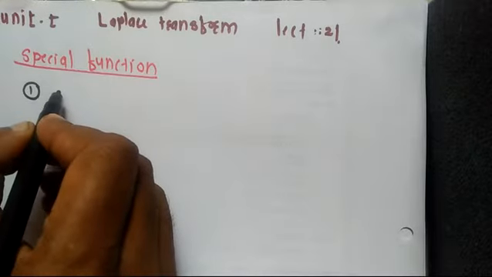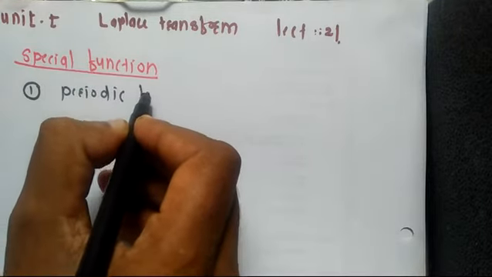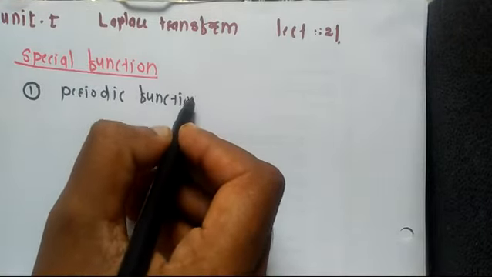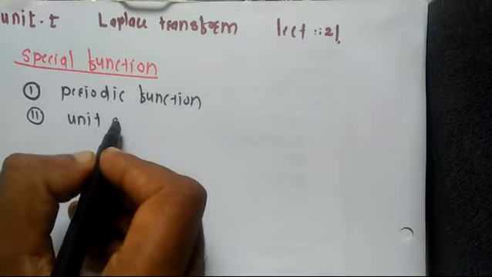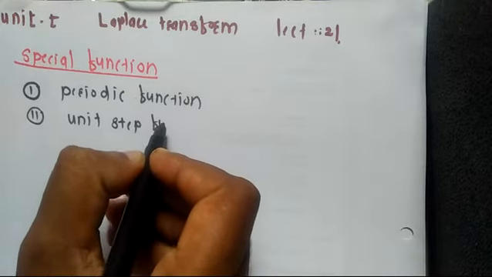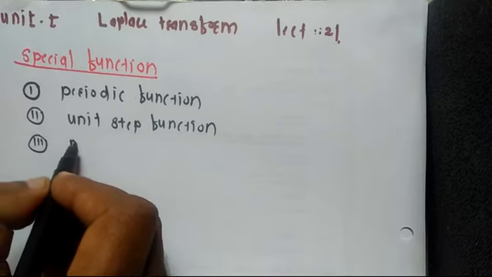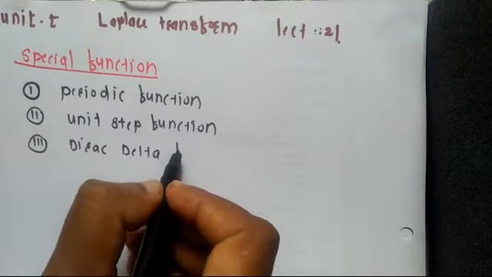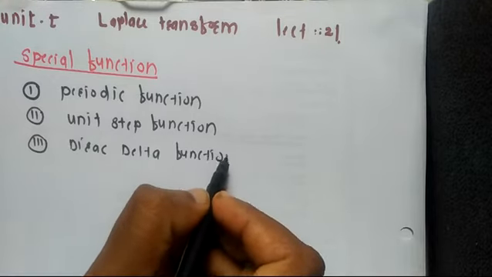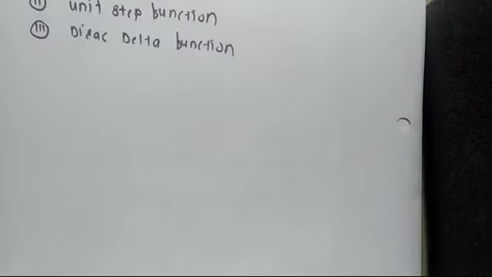First is the periodic function, second is the unit step function, and third is the Dirac delta function. In that, we are studying the first function, that is the periodic function.